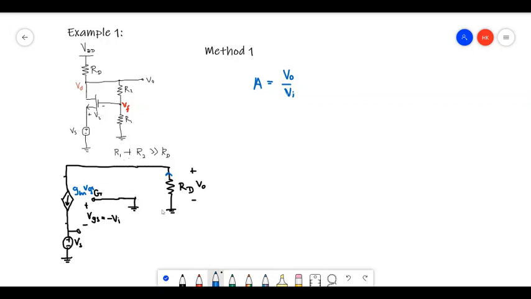V out is actually the voltage across RD. The current going through this is gm VGS. So V out is minus gm VGS times RD.